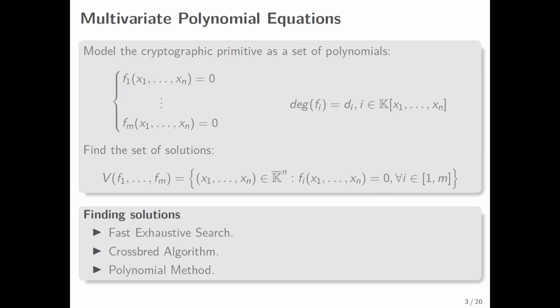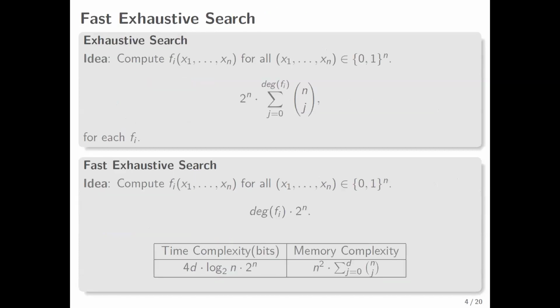And in our work, we use three primary techniques to solve polynomial systems: fast exhaustive search, the Crossbred algorithm, and the polynomial method. So when we have a polynomial system, the most naive way to solve it is to iterate over all possible solutions and check if they are a solution to the system.